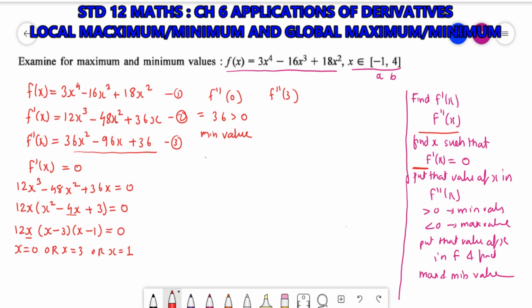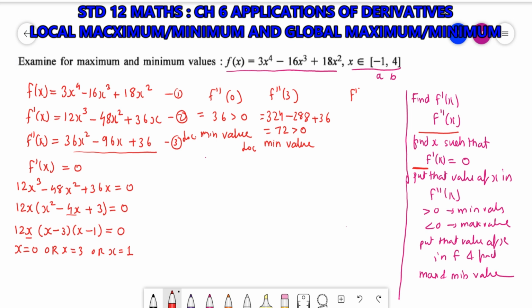So 36 into 3 squared, that is 36 into 9, so that will be 324, minus 96 into 3, that is 288, plus 36. So this will be equal to 72. Again greater than 0, so it will have a local minimum value. I will write down local minimum value.